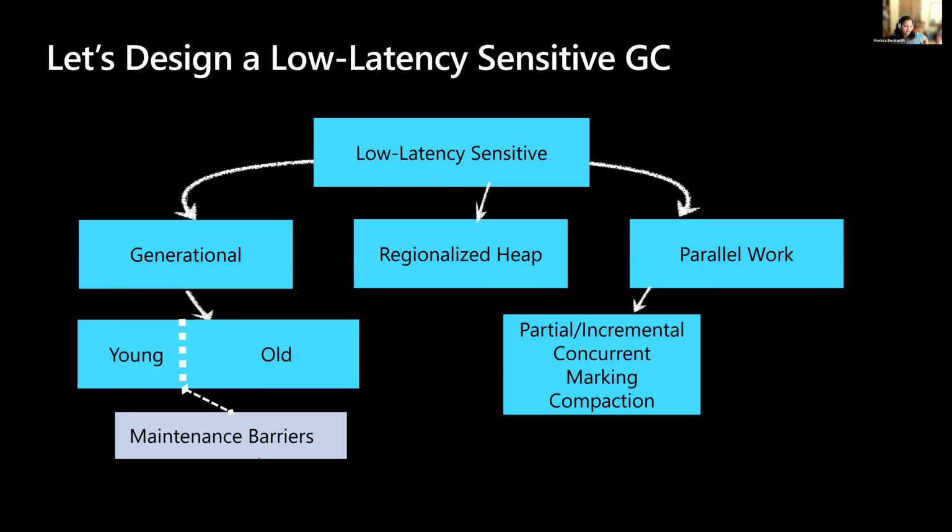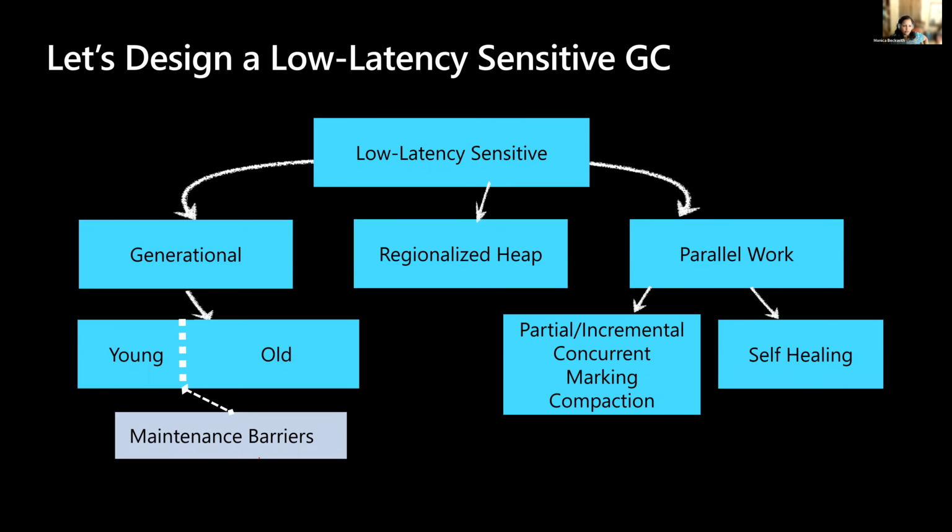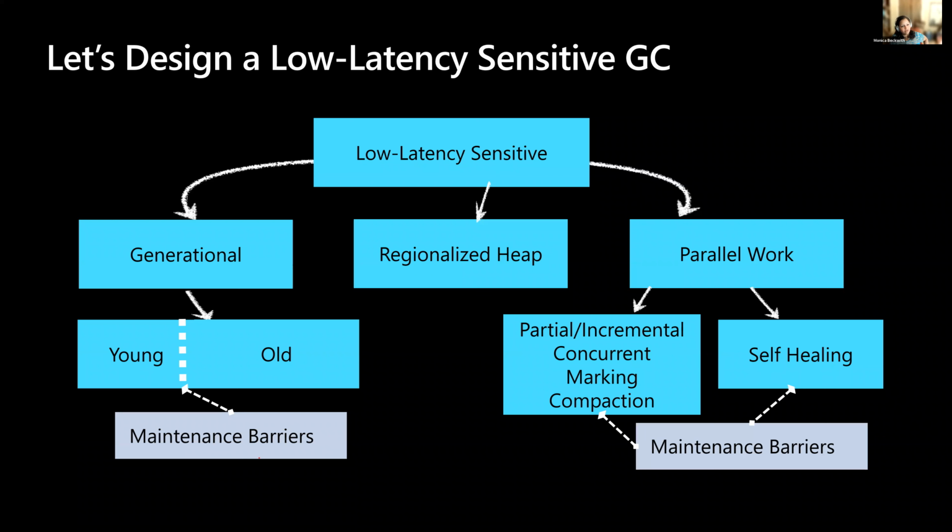And if we need to, we can get help from the mutator threads. And now, because we're doing concurrent compaction, as well as some kind of self-healing work, we need more barriers. Anytime concurrent work is involved, you need barriers to maintain the accuracy of data, right?